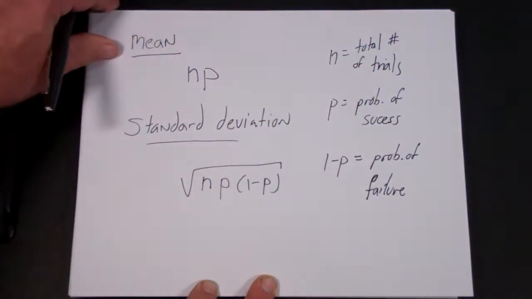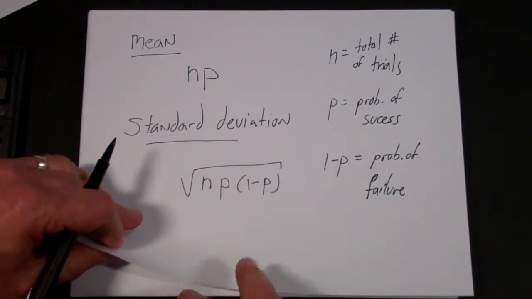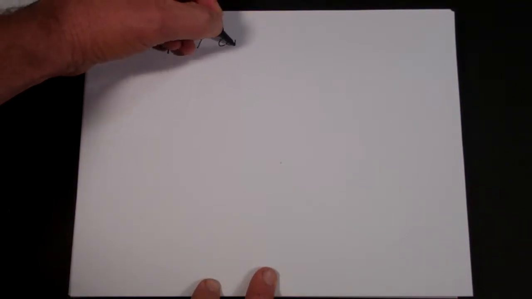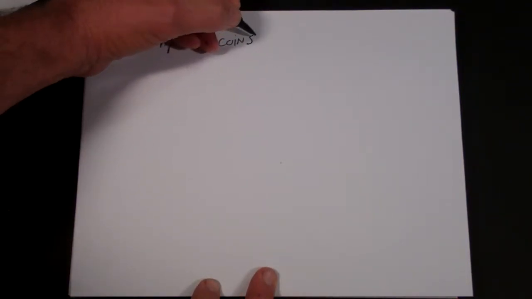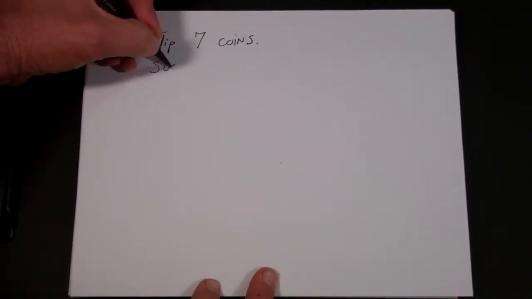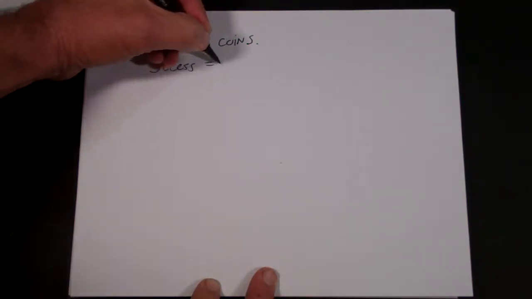So let's just do a quick example. In this case, let's have the trial be to flip 7 coins and count the number of heads. Let a success be defined as a head.